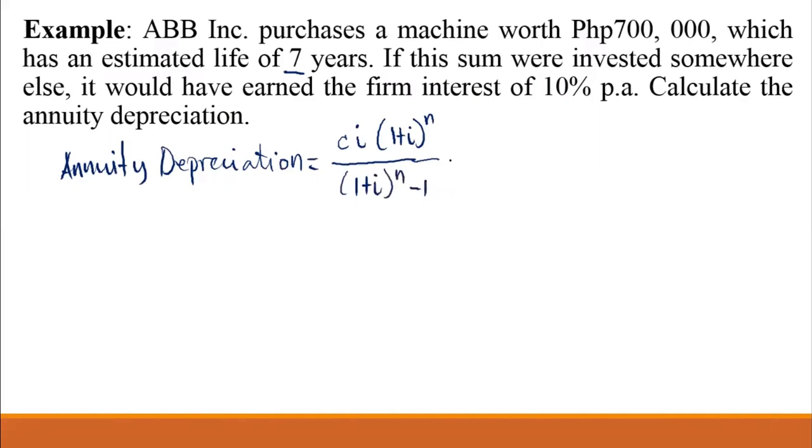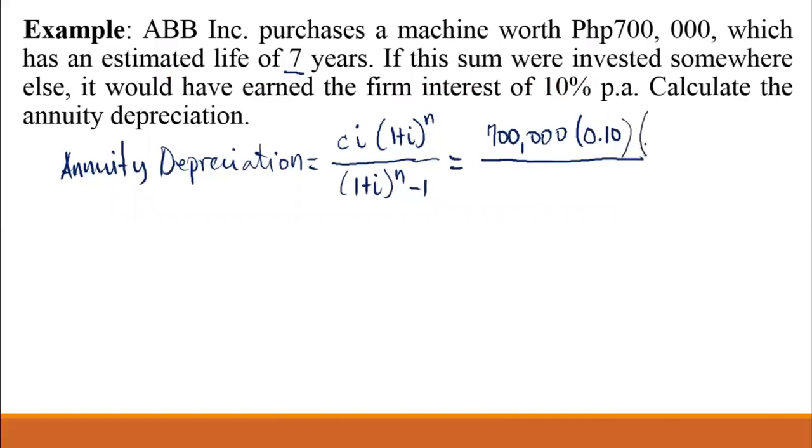Okay? So, all we have to do is to substitute the value. So, the acquisition cost is 700,000. Okay, 700,000 times the interest rate, which is 10%. So, convert natin siya sa decimal, 0.10.